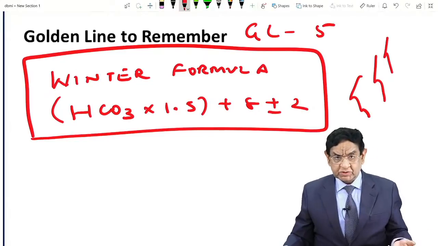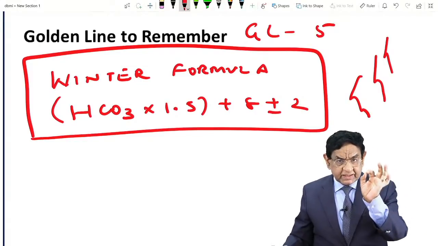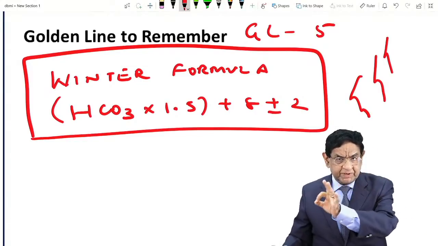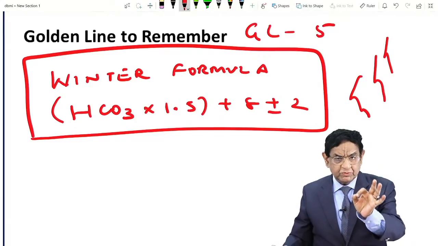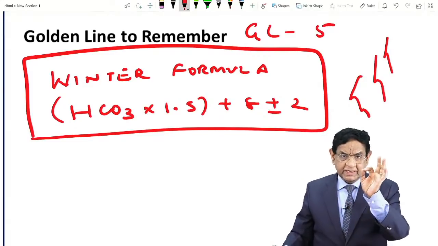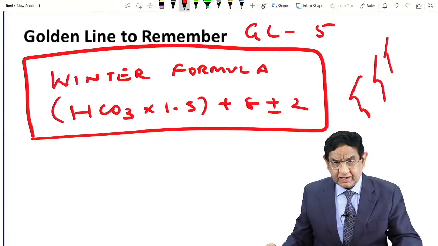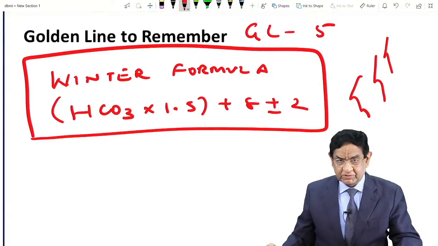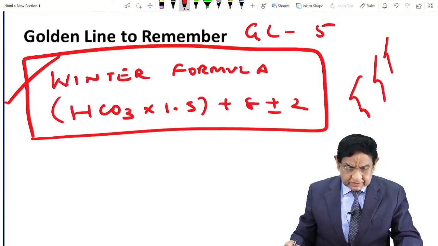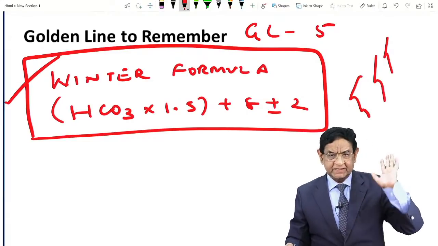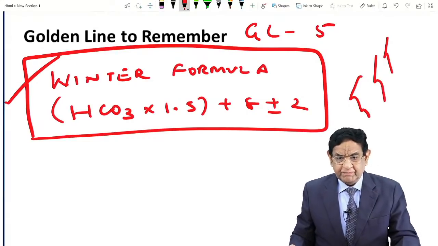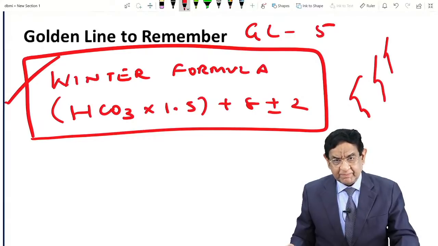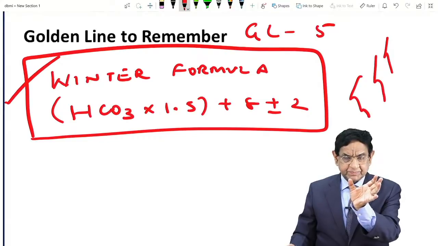The previous box was: increased CO2 is respiratory acidosis, decreased CO2 is respiratory alkalosis, increased bicarb is metabolic alkalosis, reduced bicarb is metabolic acidosis. And the whole summary of acid-base disturbance is Winter formula: bicarb multiplied by 1.5 plus 8 plus minus 2. This is a range.